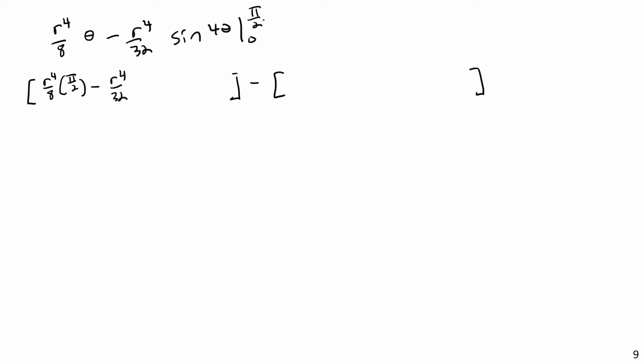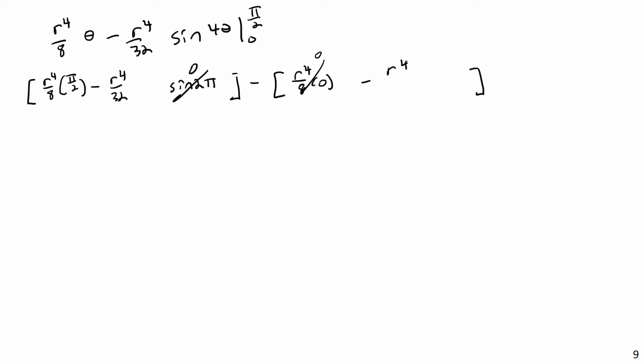Now, this is interesting. The sine of 4 times pi over 2, well, if you think about our unit circle, 0 is here, pi over 2 is here, and 4 times pi over 2 is all the way back to here, which is 0. So that's basically asking the sine of 0, or I could think of it as the sine of 2 pi, which is the sine of 0, and that, of course, is 0. Then if I put in 0 for this, r to the 4th divided by 8 times 0 is 0.